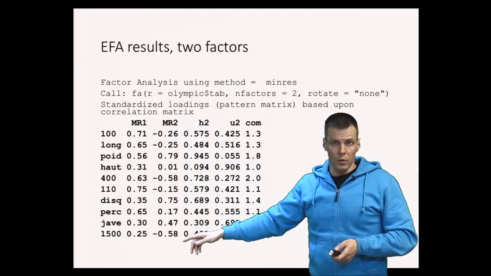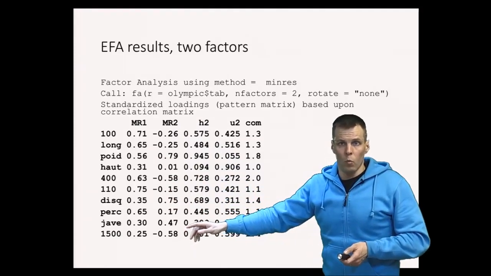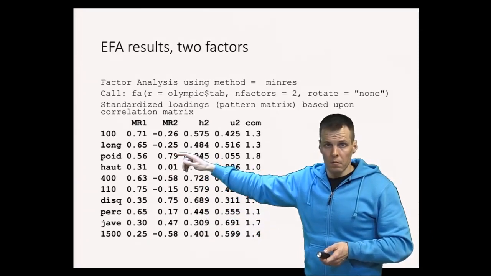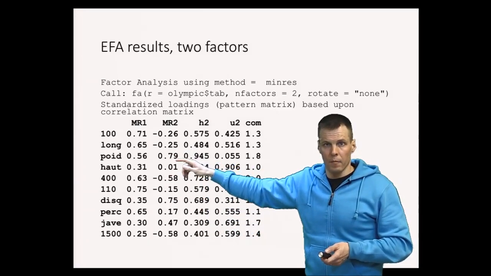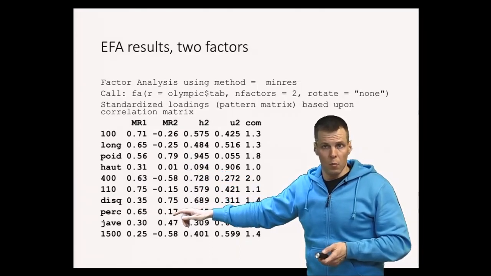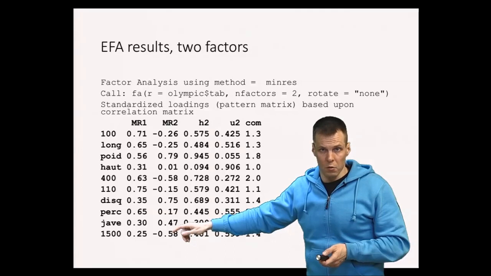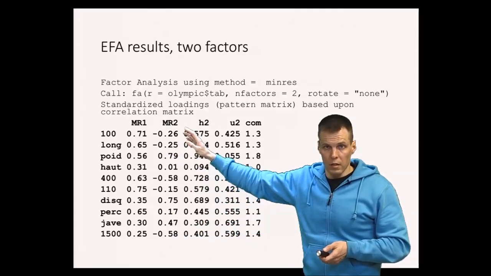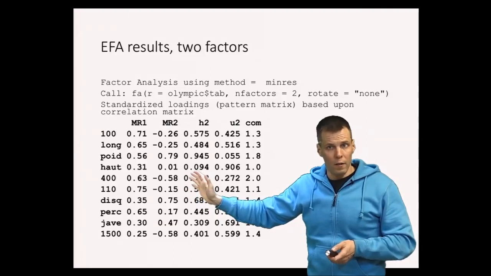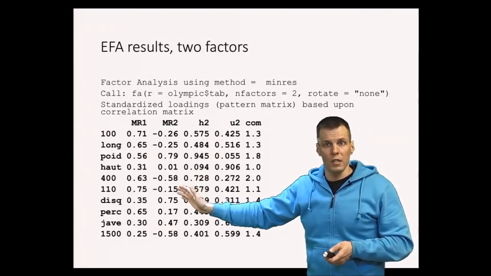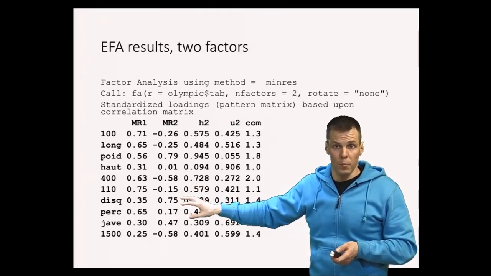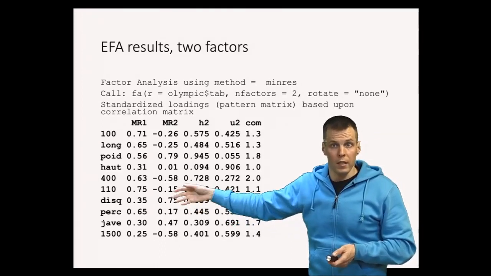For the second factor, we can see that shot put, javelin and discus are positively associated. The 1,500 meters is negatively associated, as are all the other running sports. So the second factor quantifies whether the person is better at sports that require strength versus sports that require running speed.